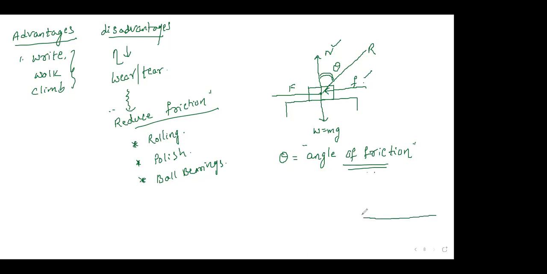Suppose I consider an inclined plane, and let us denote the angle of inclination as alpha. For this angle of inclination alpha, if I place the object at the top of the inclined plane, it starts sliding down.